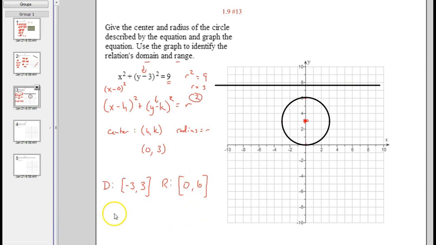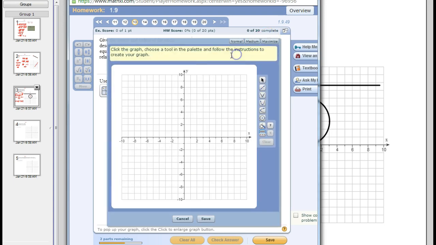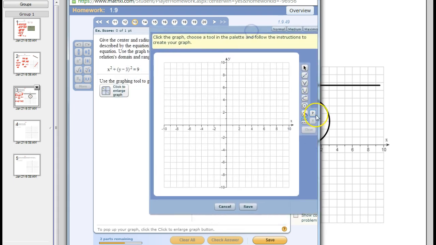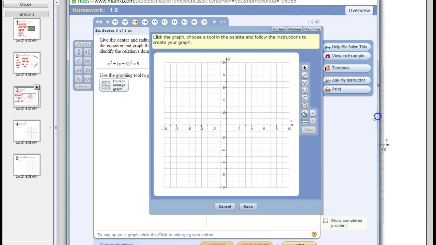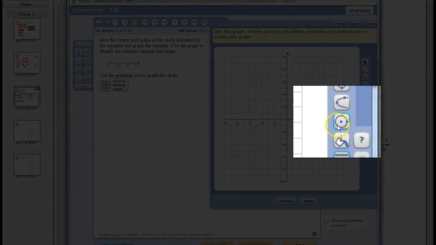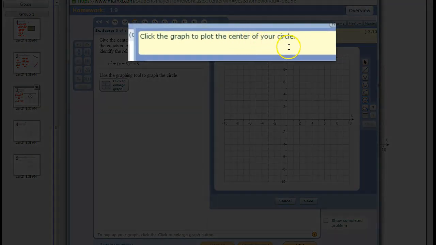Now, on the software, when I do this same problem, let me blow this up so you can see it a little better. What I need to use here is the circle tool to graph it. If you click the circle tool, it tells you to click the graph to plot the center of your circle.